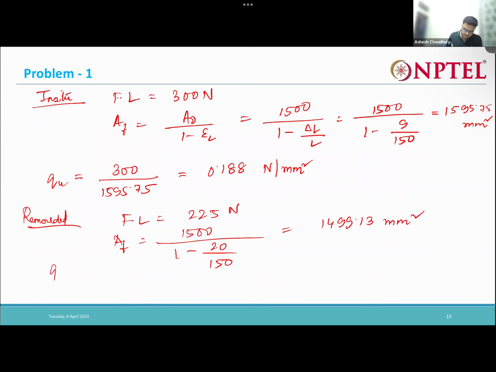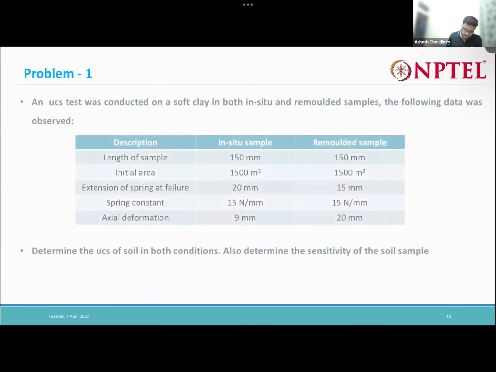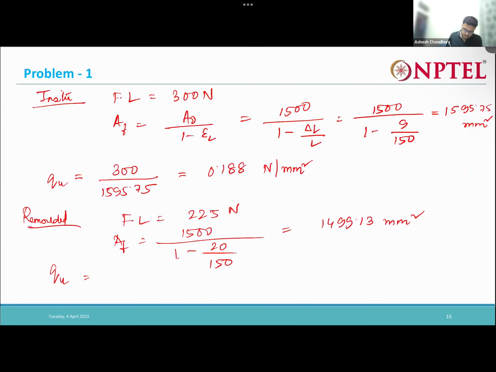Okay. So you are seeing my remolded strength is coming.